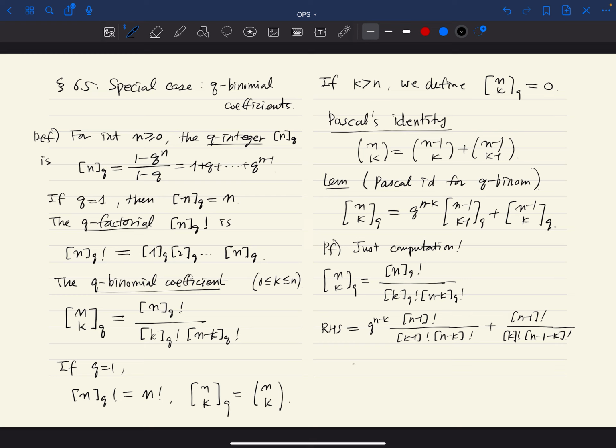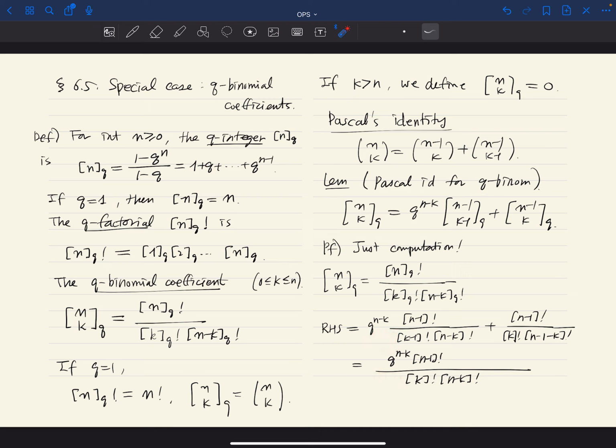Now we can combine the denominators, let's say k factorial, n minus k factorial. If you look at the first one, originally we had this, but we multiplied a k here. If you multiply k here, this becomes this.